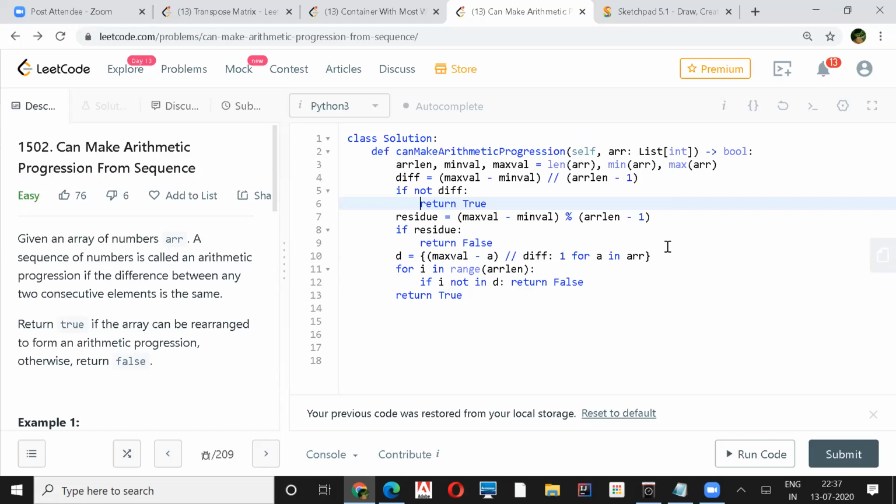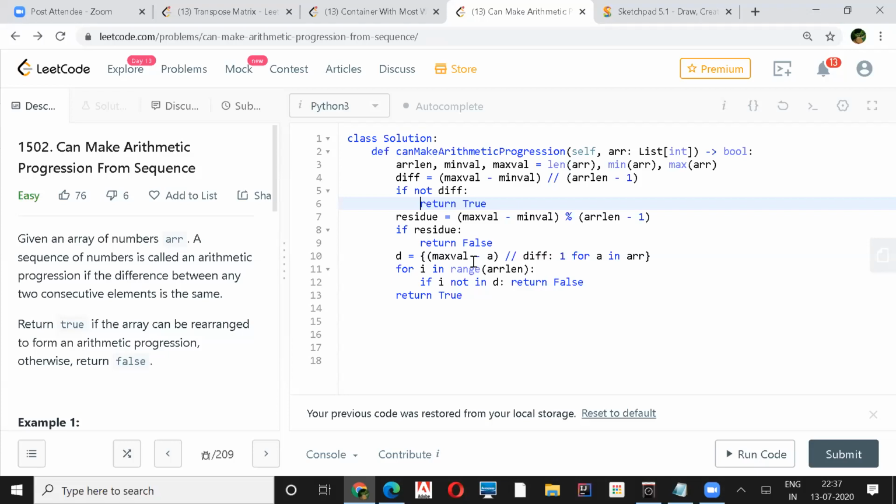And here they are using a dictionary for that. What do you say? Max val minus A. For every element in the array, they are subtracting. I think that is the same itself.